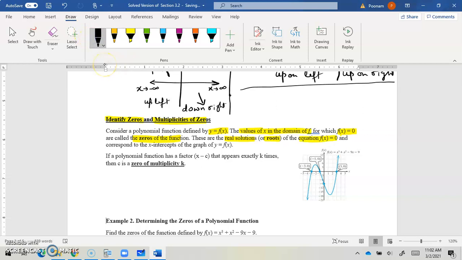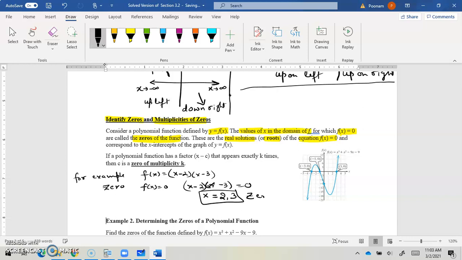For example, if we have f of x equal to (x minus 2) times (x minus 3), this is a polynomial. To find zeros, we write f of x equal to 0, meaning (x minus 2)(x minus 3) equal to 0. What is the x value? X can be 2 or x can be 3. So these are zeros of your function.